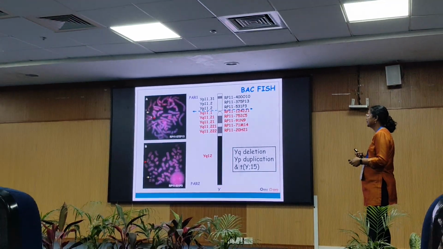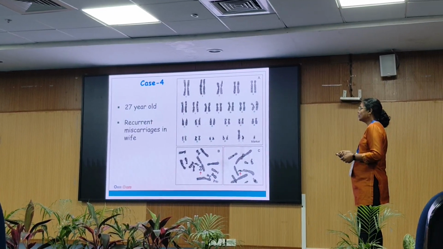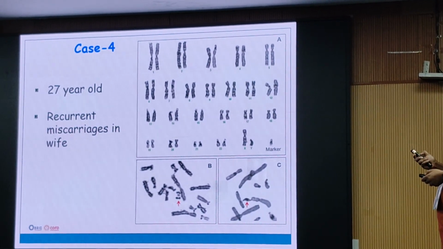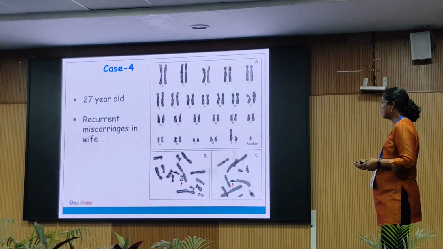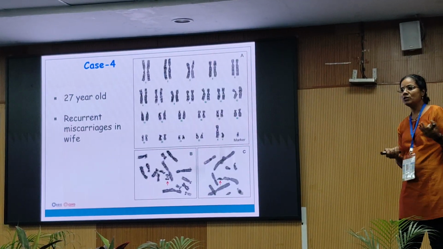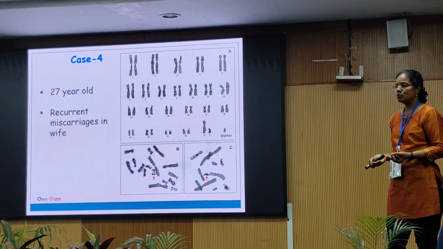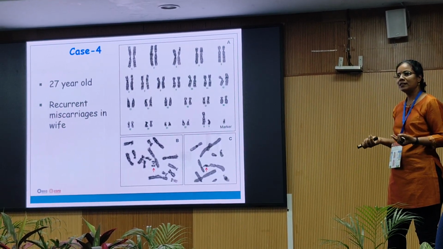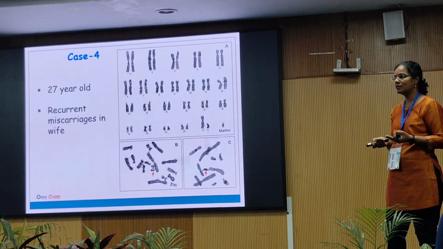So case 4, a 27-year-old with recurrent miscarriages in Y, and here there is a marker chromosome. A person who is working and walks into the clinic and has some additional material, the first thing we should think is that he will not have any clinical phenotype.